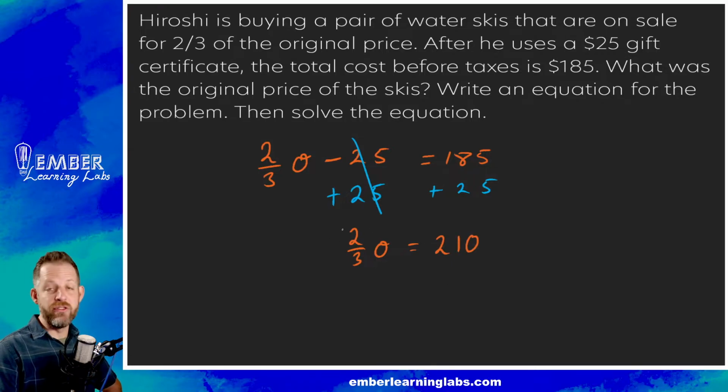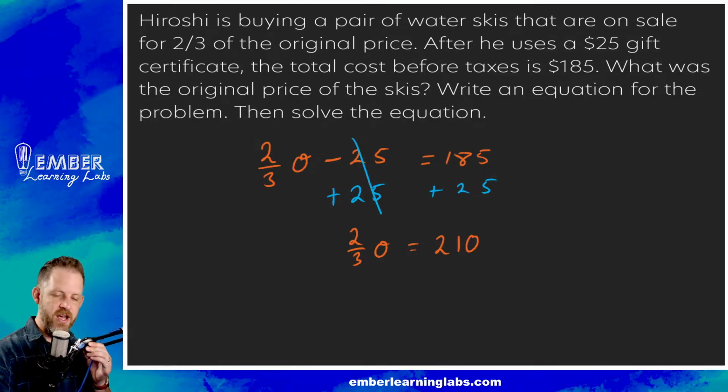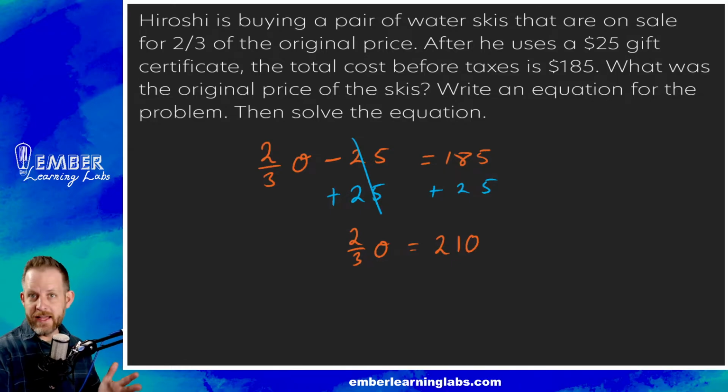All right. This 2/3 is multiplied. Now, we looked at this in a unit previously. If I remember when I'm uploading this, which one it is, I'll put the link to that in the iCard. If not, you can go back through the lessons and find it. Hopefully, you've been watching these more or less in order because they kind of string together. So this 2/3 is multiplied times the O. To get rid of it, we divide. Now, to divide fractions, we multiply by the reciprocal, right?